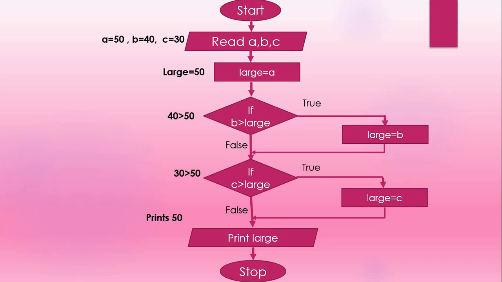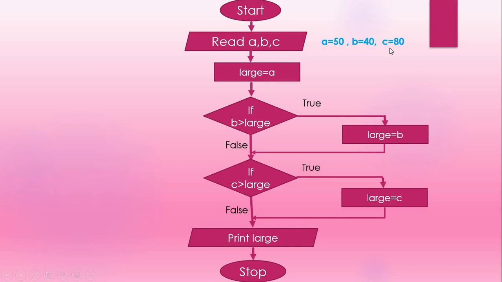Let us take one more example. In this case, let us assume that A is 50, B is 40 and C is 80. First, the large is initialized with the value 50, that is the first number, and after this it comes here and checks whether B is greater than large, that is B is having the value 40 and large has the value 50. Is 40 greater than 50? In this case, the condition becomes false and it comes here.